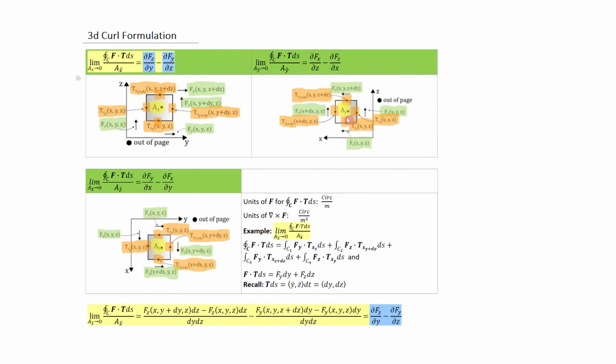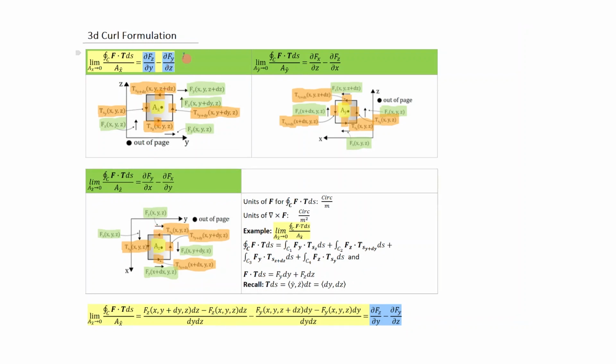In this case, the area is A y, and we let A y go to 0. And lastly, if we're dealing with rotation in the yx plane, then we're letting the area A z go to 0. So that's this formulation here. We've done this calculation for the 2D case, so we can basically redo this type of calculation for these three individual cases that we're looking at here.